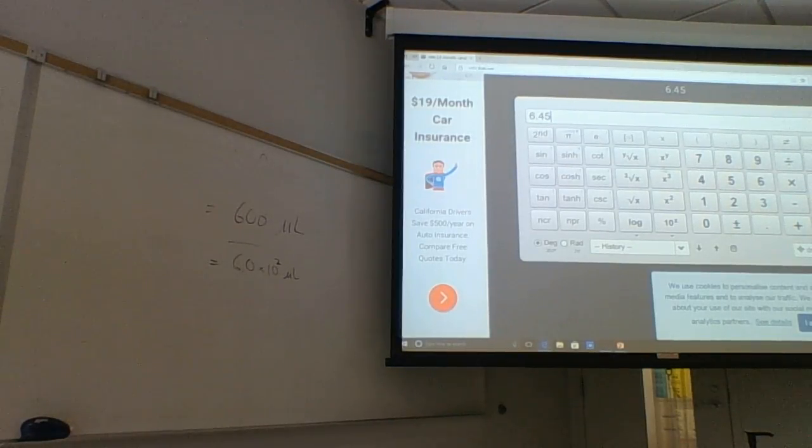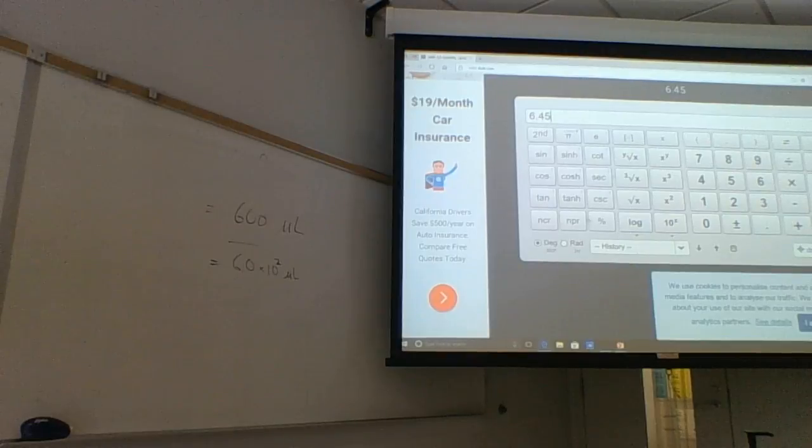Is this the key I use here, the E key? No. What's for scientific notation, which one should I use? Should I use this key here? No, I don't want to use this key because this key will set me off by a factor of 10.